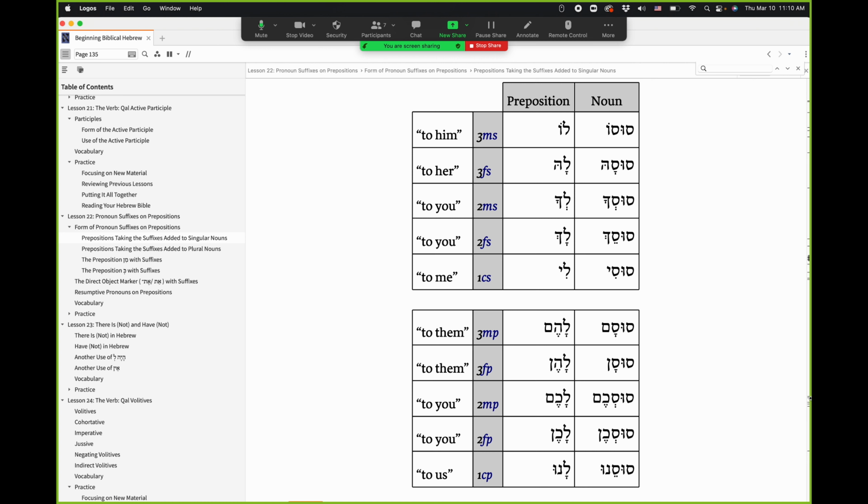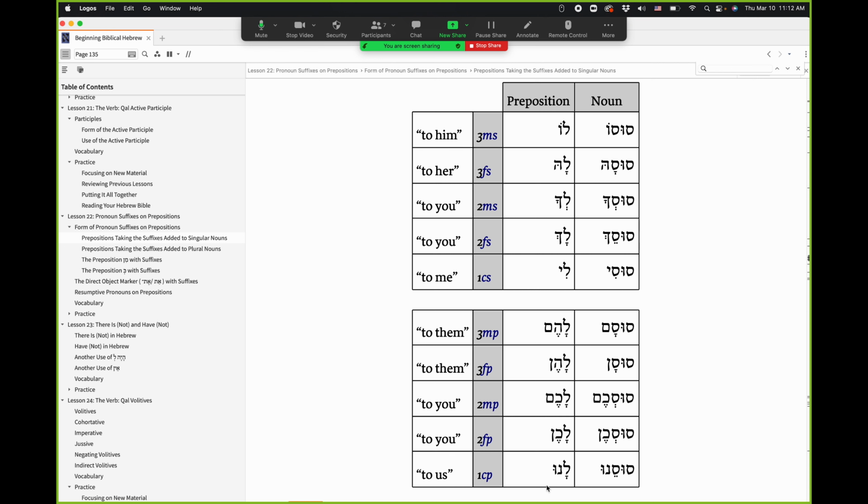So I think the answer to the question is that the reason why the prepositions that take the type 1 suffixes, the suffixes that go on singular nouns, need a plural section is the same reason why a singular noun would need a plural section. This plural section is not a plural noun. This is the plural form of the suffix. This is one reason why I prefer not to think of these as singular noun suffixes and plural noun suffixes.